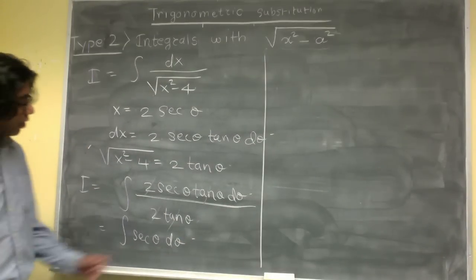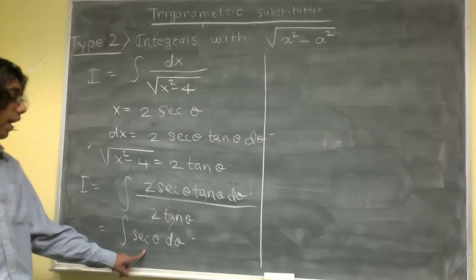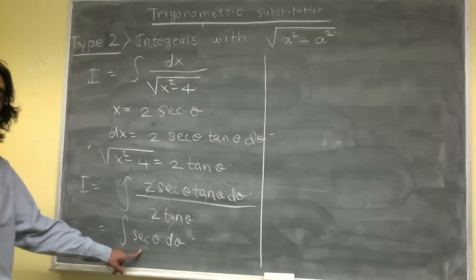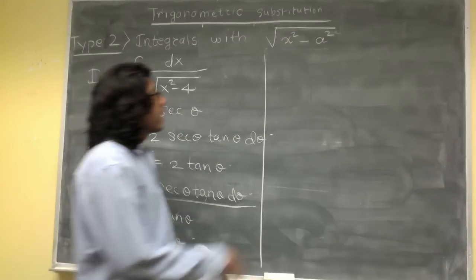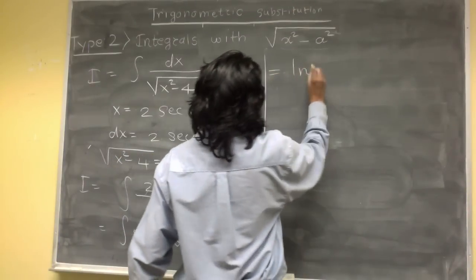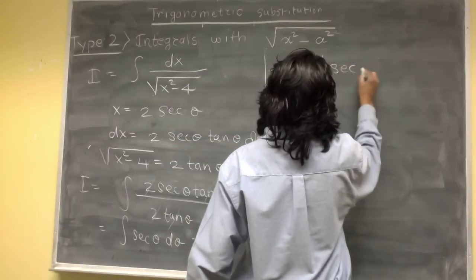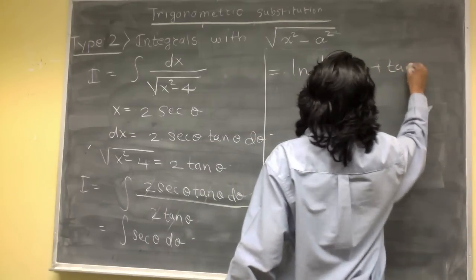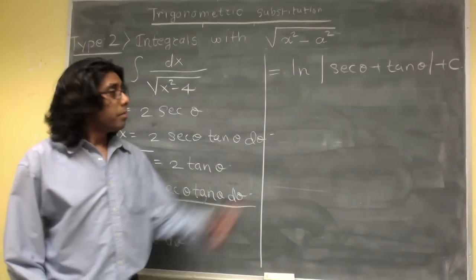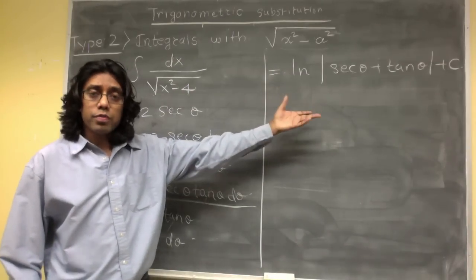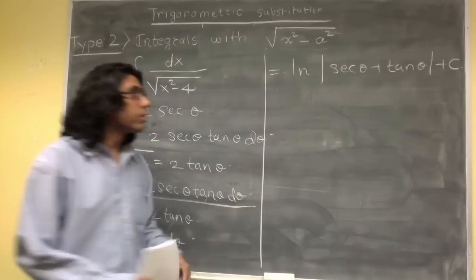Okay, so if you solve this thing, we know we have just solved this as the natural log of absolute value of secant theta plus tan theta. So the answer here is natural log of absolute value of secant theta plus tan theta plus c. Okay, but we know that the answer has to be in terms of x and not theta, right?